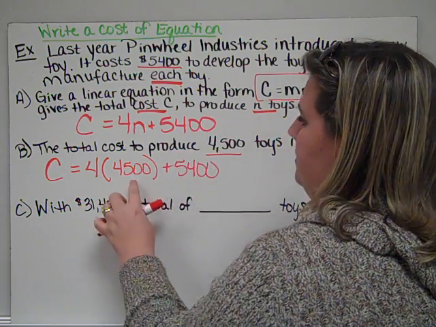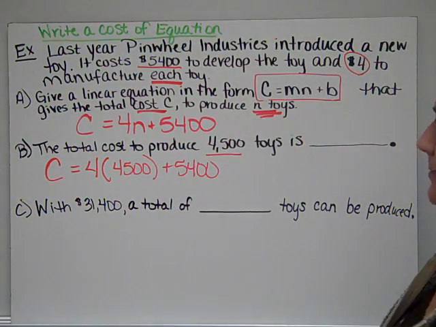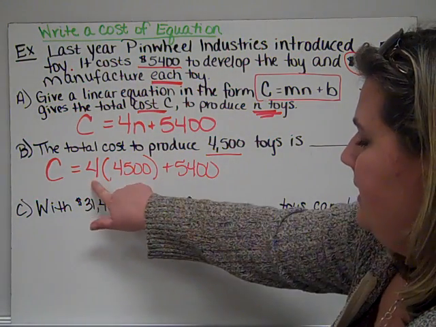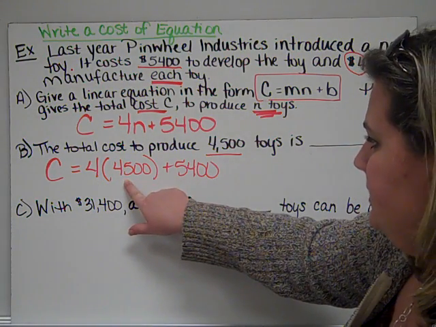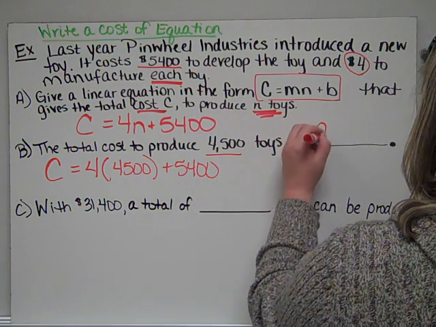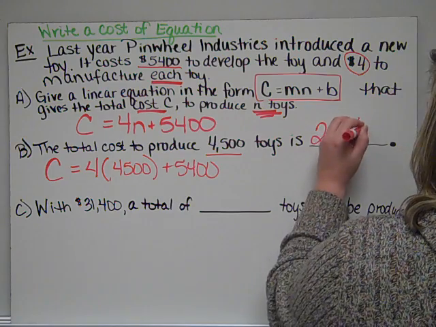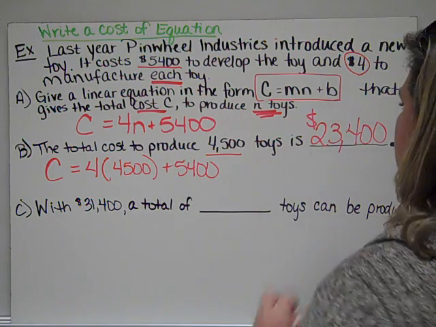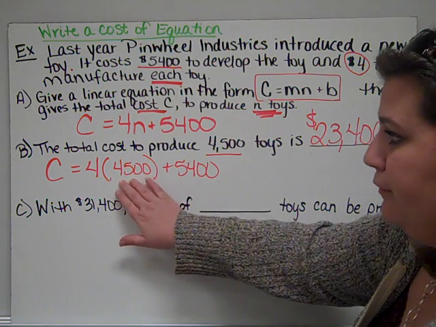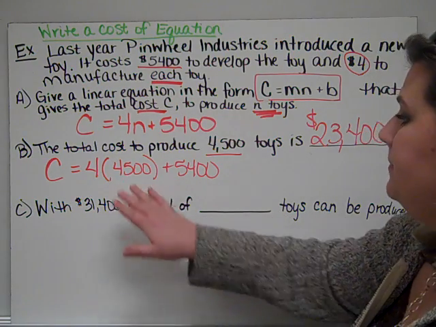Remember, N is representing our toys. Once you multiply this together, that's 18,000 plus the 5,400, you should get 23,400. That's how much it's going to cost to produce 4,500 toys.